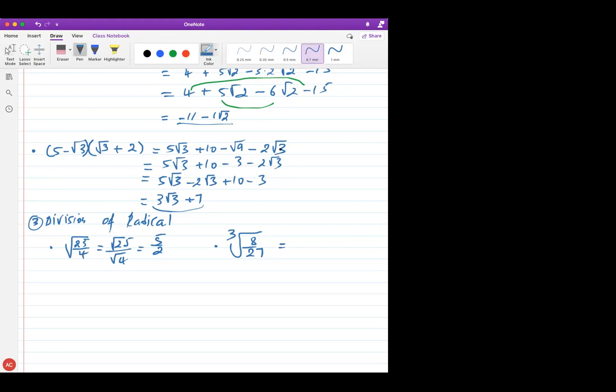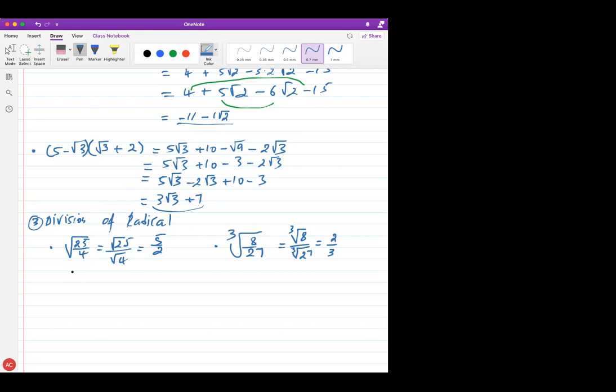Like cube root of 8 over cube root of 27. So we can split this into two radicals, 2 and 3. That's right. The cube root of 8, as we saw last time, is 2. The cube root of 27 is 3.